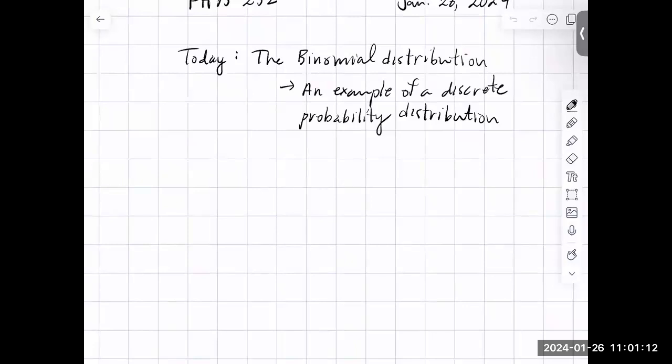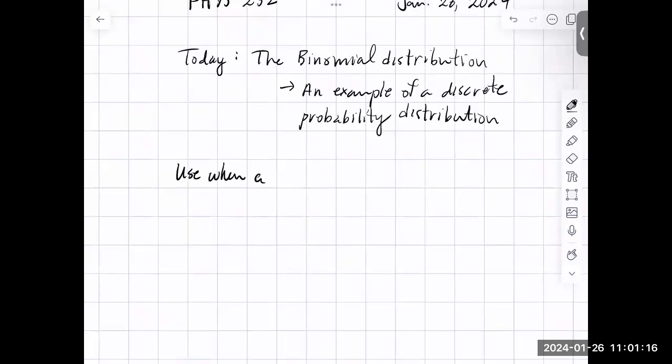So here's how we're going to start. This is useful when the result of an experiment can be only one of a small number of possible outcomes.